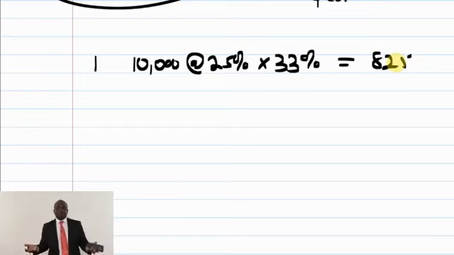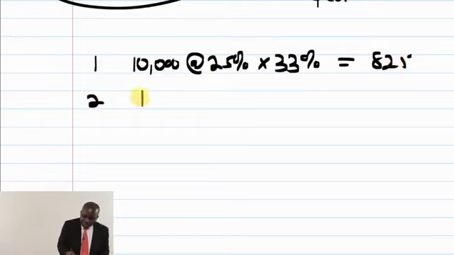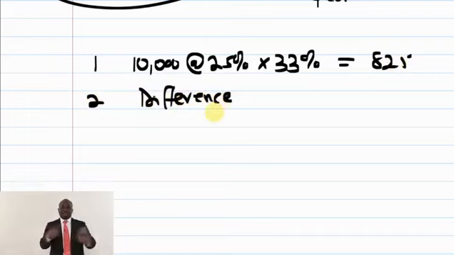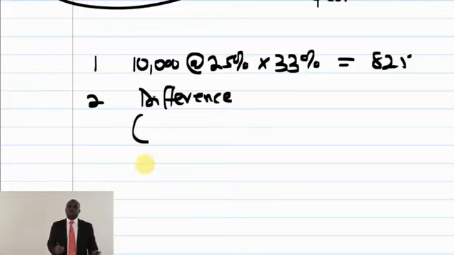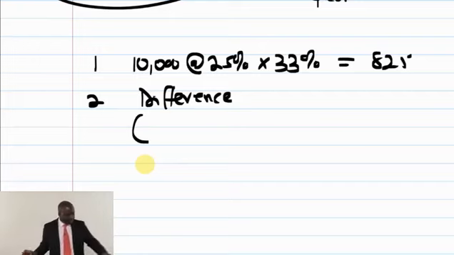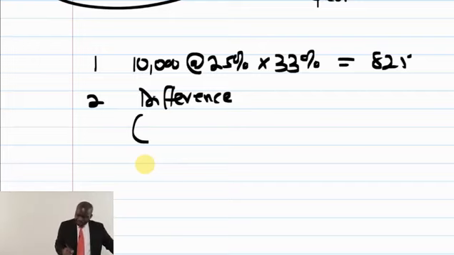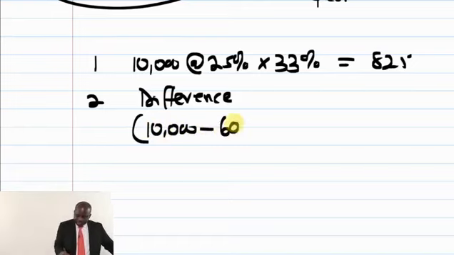Because the asset is for 2 years, year 2 should be the difference. The last year should always be the difference because of the balancing charge and balancing allowance. So go and calculate your qualifying expenditure. Your qualifying expenditure here is that the asset is for 10,000 minus the residual value of 6,000.